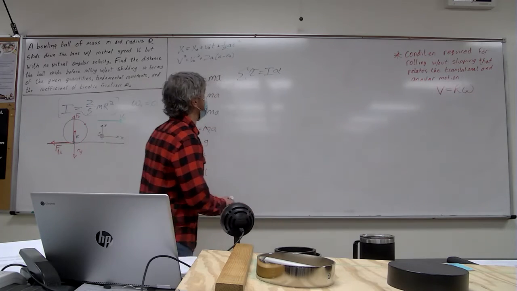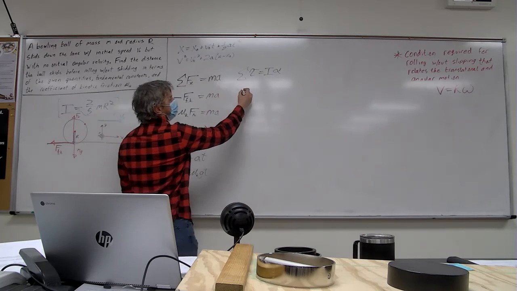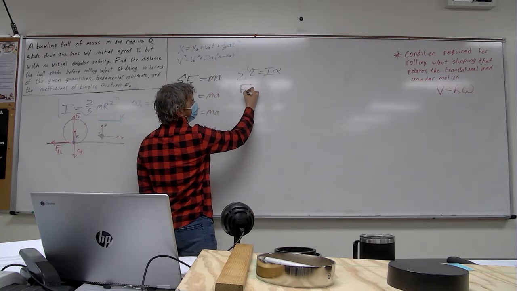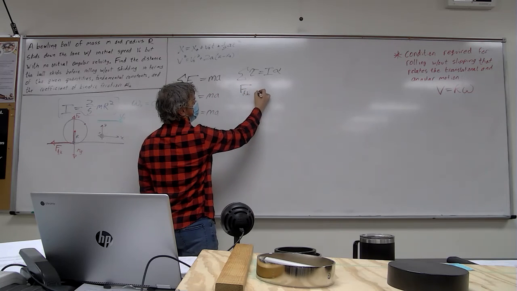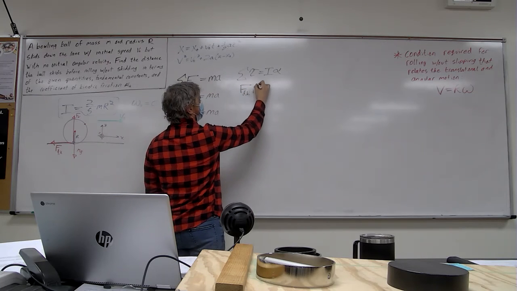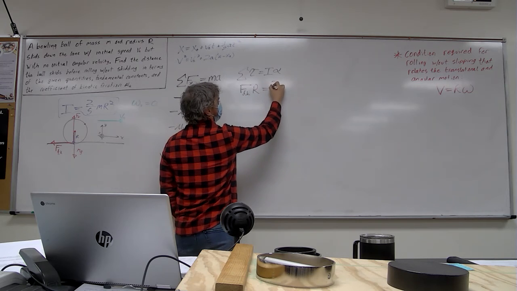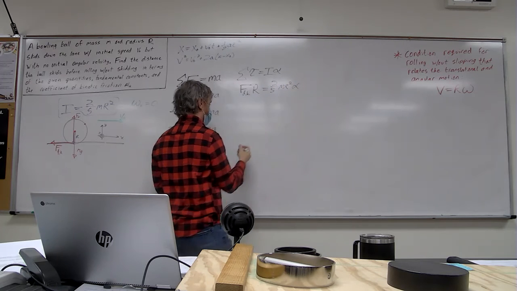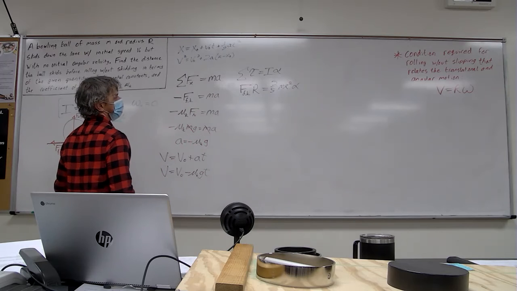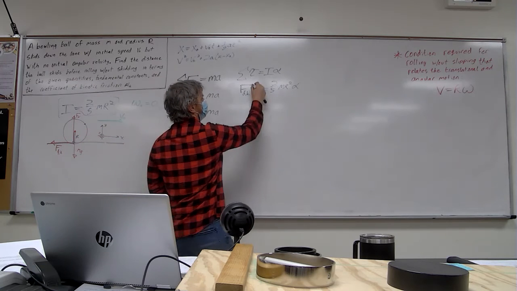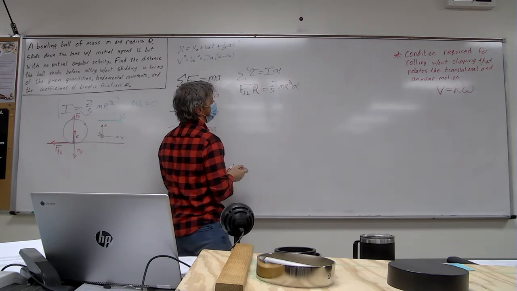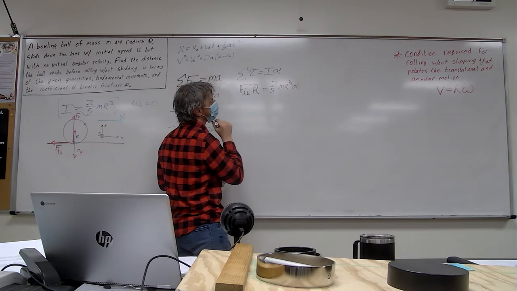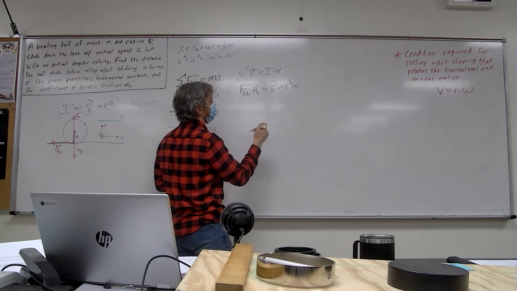Okay. So net torque, it is the friction force, kinetic friction force, times the radius equals 2/5 m r squared alpha, but then I want to solve this for alpha. So one radius multiplied by 5 halves, 5 over 2 m r squared.